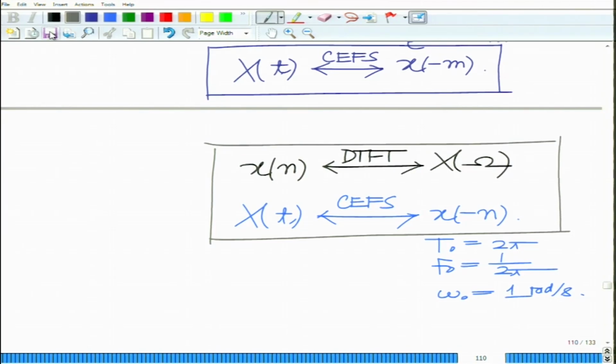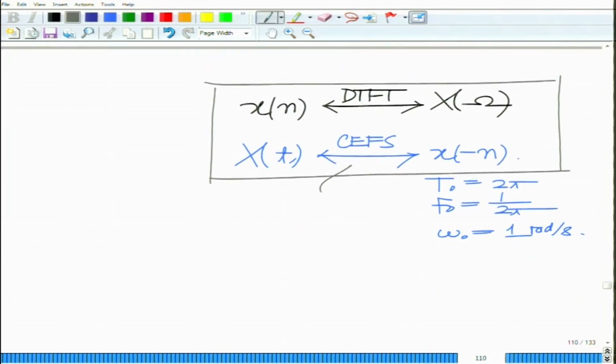This is basically the result for the duality of the DTFT. Duality of DTFT. All right.